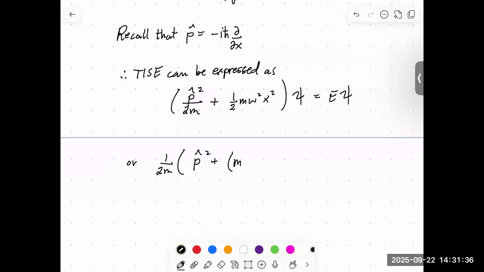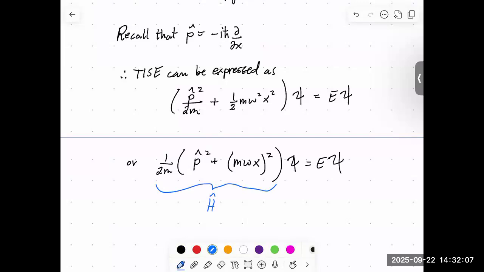So I have m, omega, and x, all of those are squared. And then we have psi is equal to E psi. So if you look at the structure of this, this is our Hamiltonian, right? So this is our H hat. The structure is something squared plus something squared.